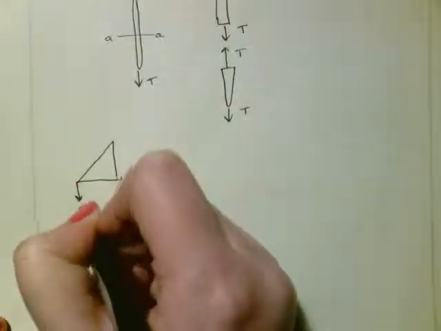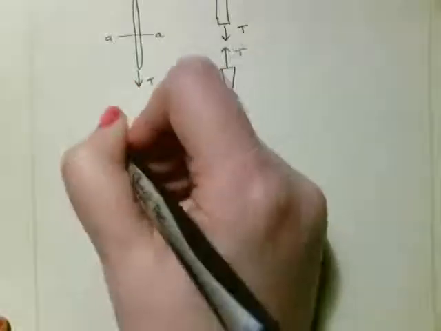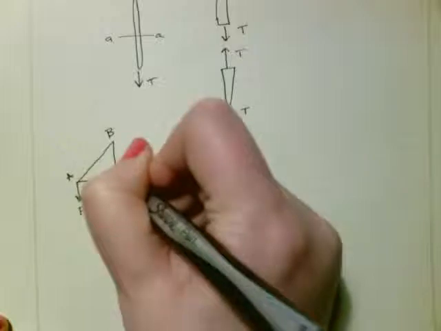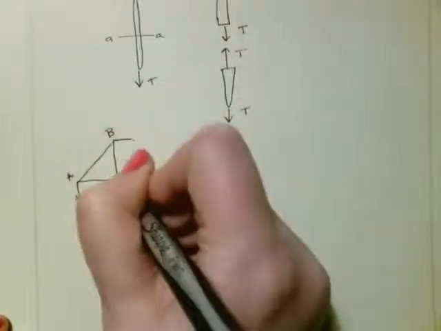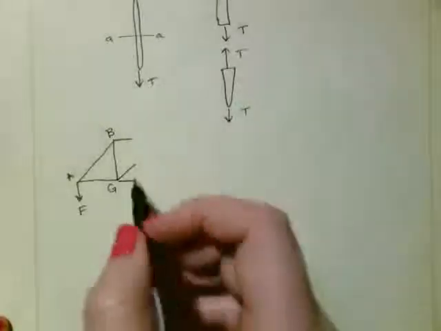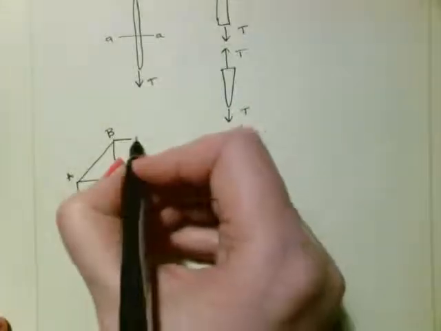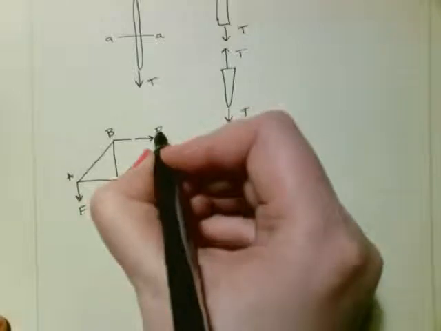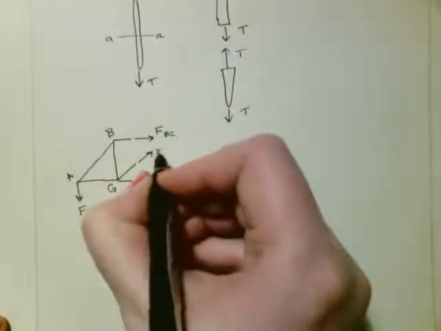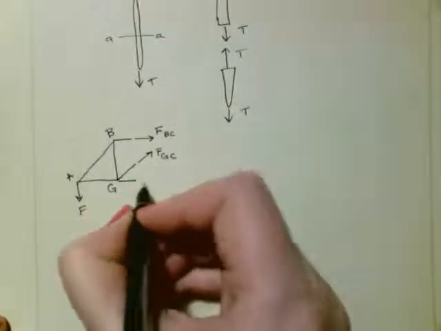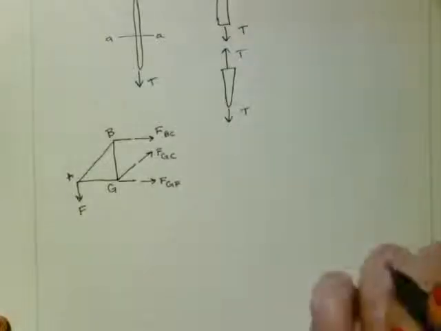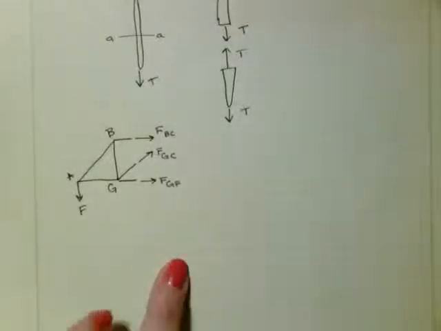So we'd have the force F at A, point B, point G, and then I draw all the way to section A. And where I cut, I have the forces FBC, FGC, and FGF.